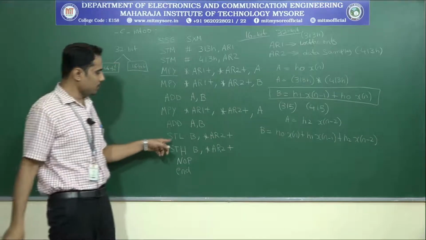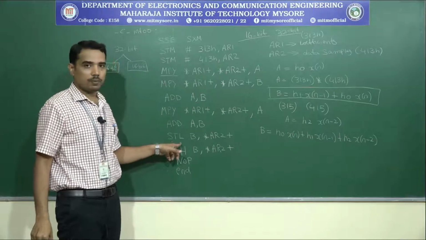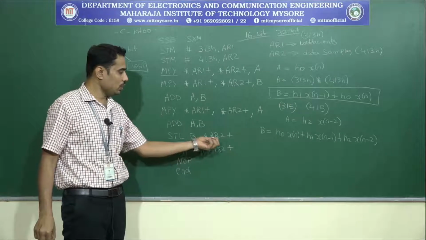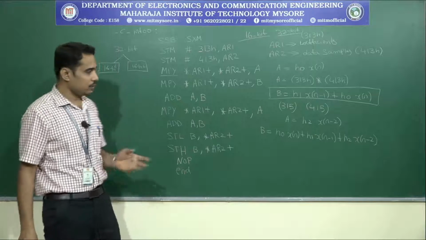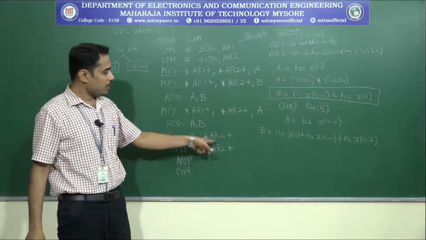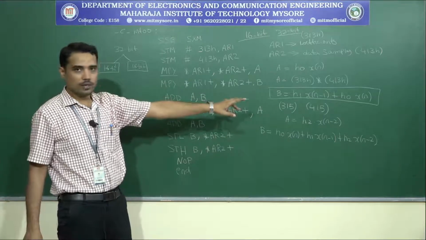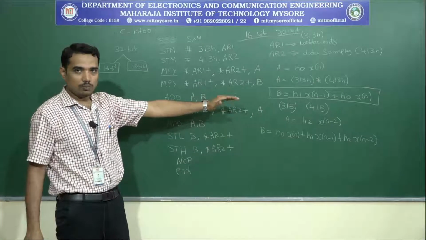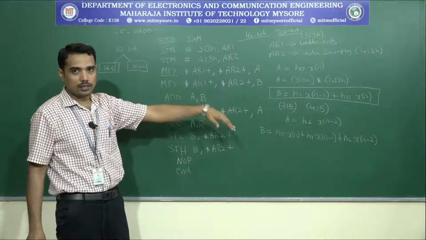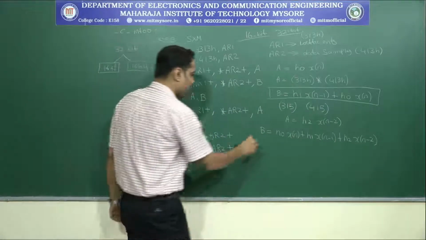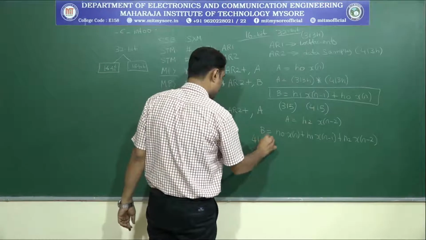For that purpose, we have written store the lower part of the B register with respect to AR2 plus. That means earlier the AR2 was pointing to 415 with respect to the multiplication operation. After completing the multiplication operation, 415 will be updated to 416H.